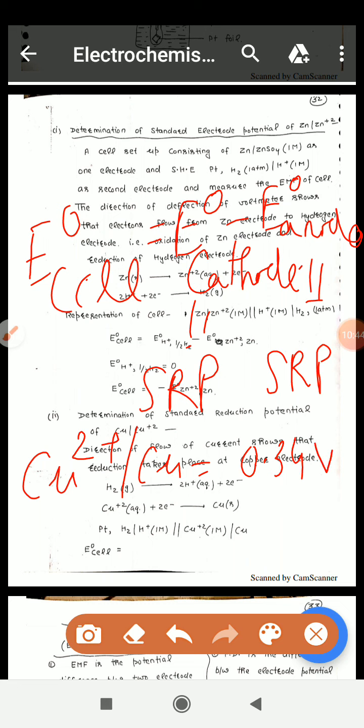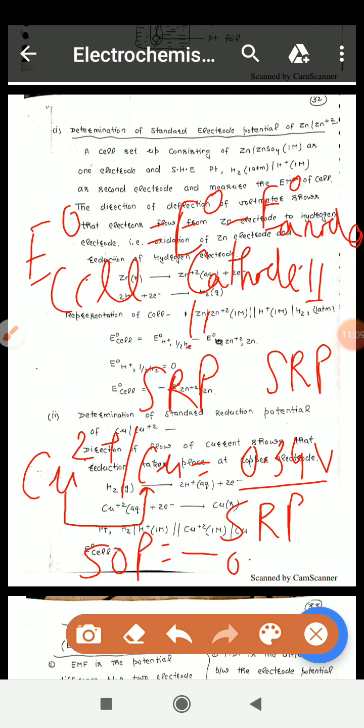Now we want to understand whether this is oxidation or reduction. See this, Cu²⁺ is converted into Cu, which means the charge decreases. If the charge decreases, an ion converted into metal, it means reduction, and reduction means this is the SRP, standard reduction potential. And if you want to write the standard oxidation potential, then only change the sign, plus converted into minus 0.34 volt.